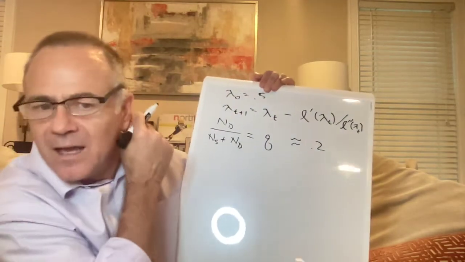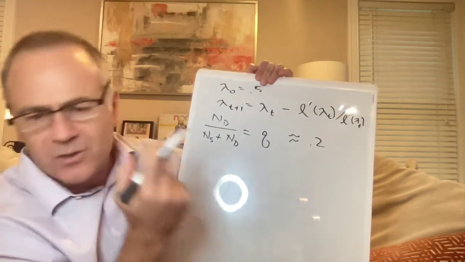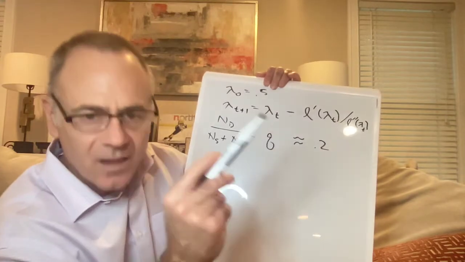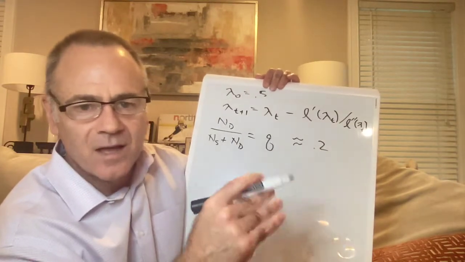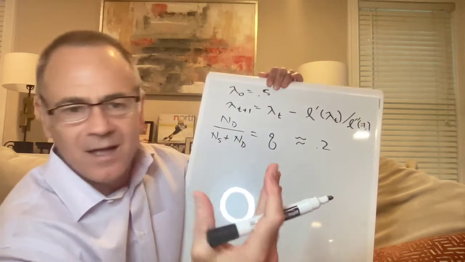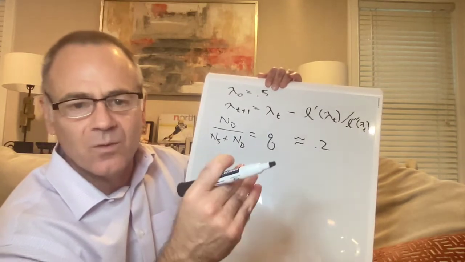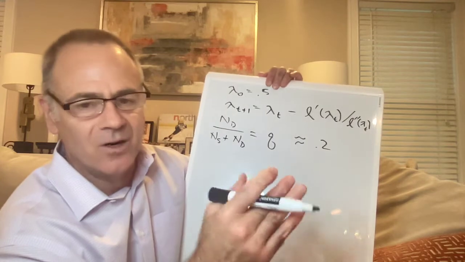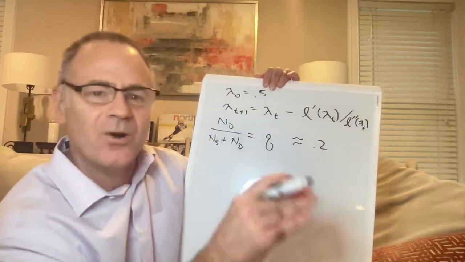Now, here's what's going on. In the Levitt-Porter paper, they had NS and ND, and they said we can't identify both of them, so we're going to identify the ratio. Let's start over.